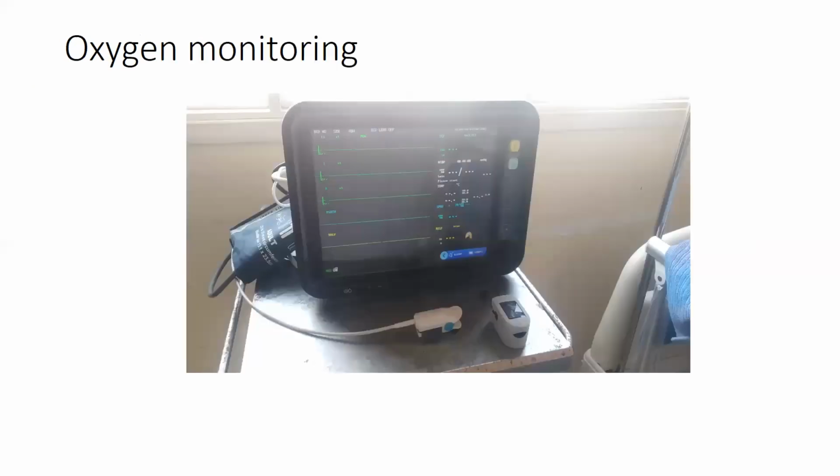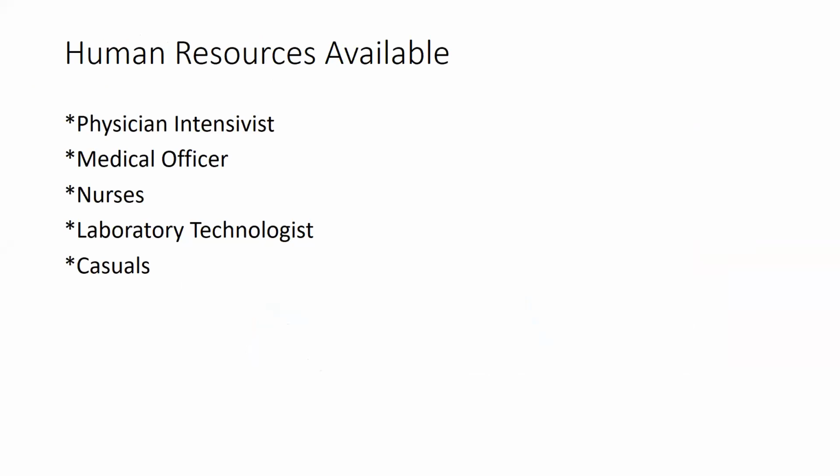And in terms of monitoring of patients, we have bedside monitors and finger pulse oximeters. In terms of human resources, we are very lucky to have a physician intensivist who is working with us in collaboration with a local NGO as a volunteer. She's been with us for a couple of months now.